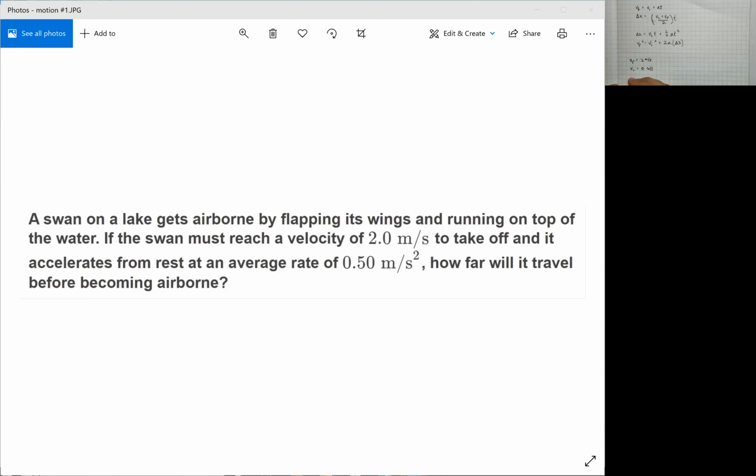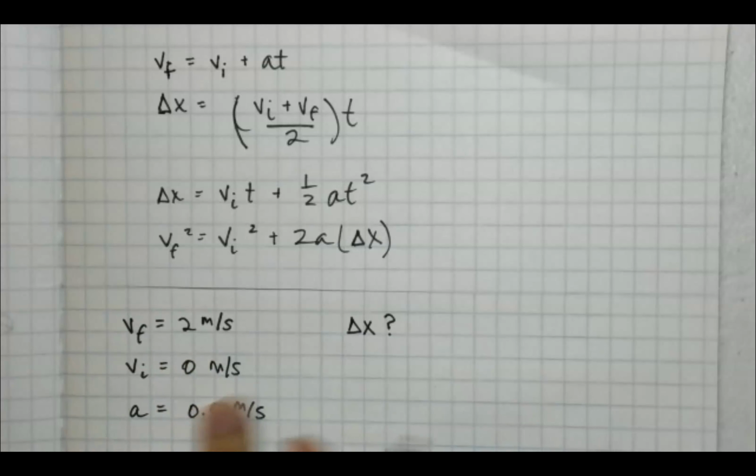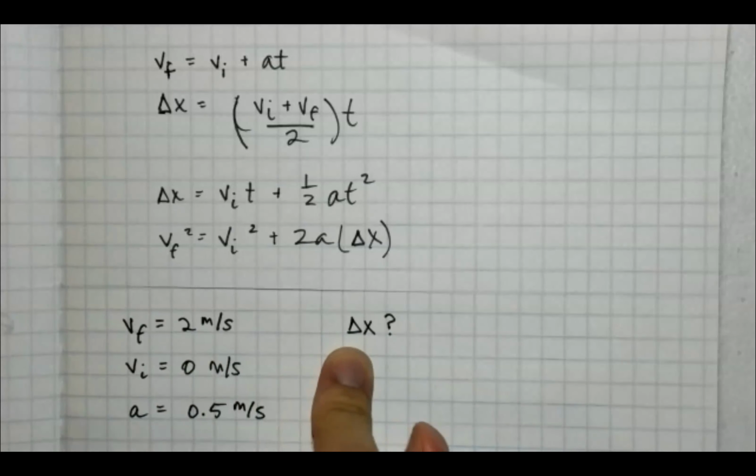And then my acceleration is equal to 0.5 meters per second squared. I'm not going to fuss too much about significant digits because we are focused on problem solving. The variable that I'm looking for is my distance. So what is my change in x? This is what I know, and this is what I'm looking for.